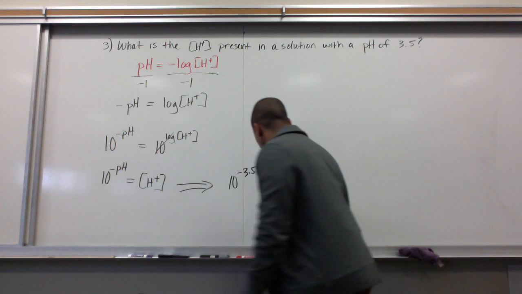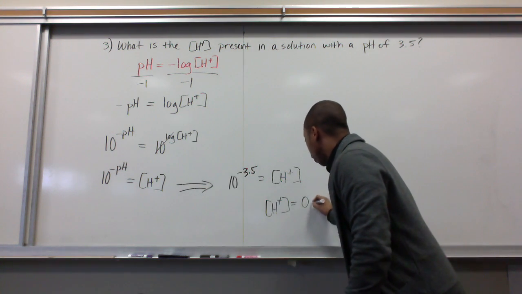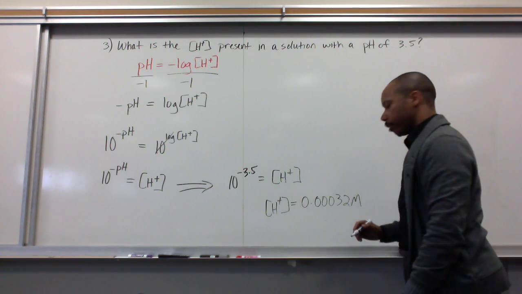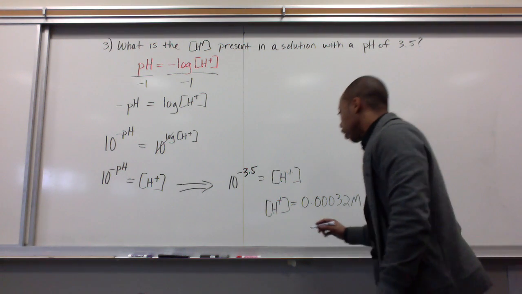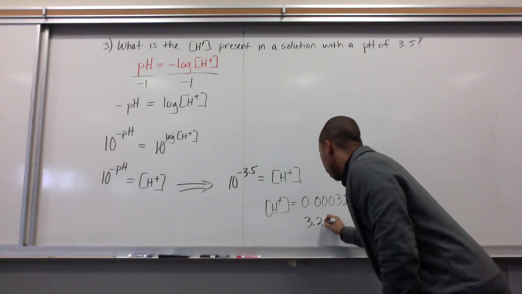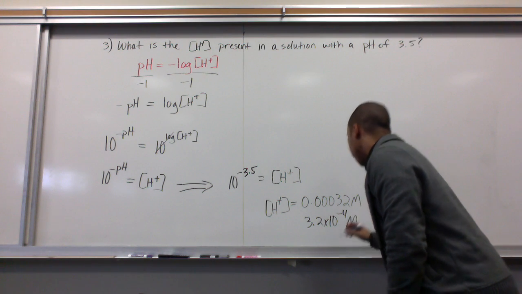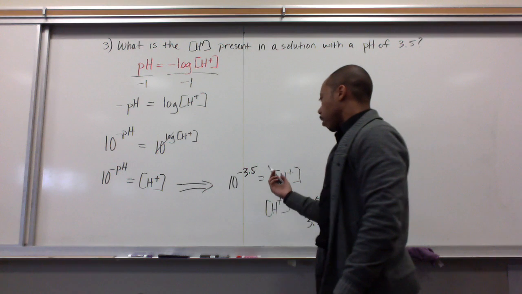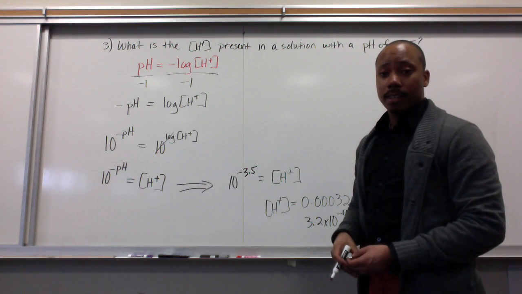That's it. So H plus is equal to 0.00032 molar. If you want to put this in scientific notation, you would go 3.2 times 10 to the negative 4th molar. And that is that.